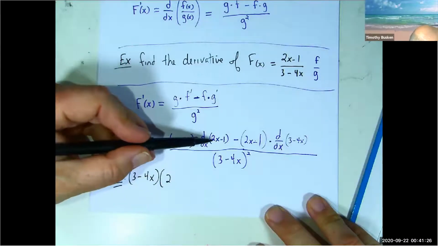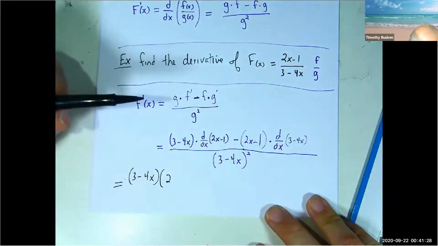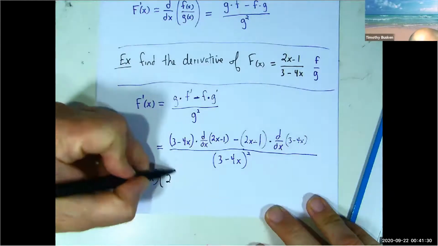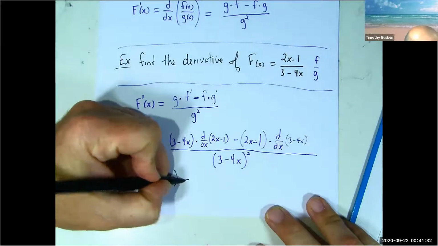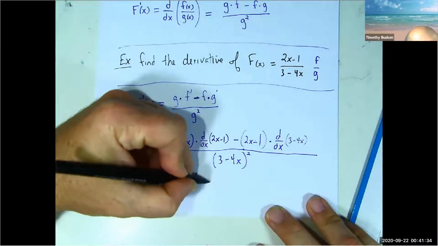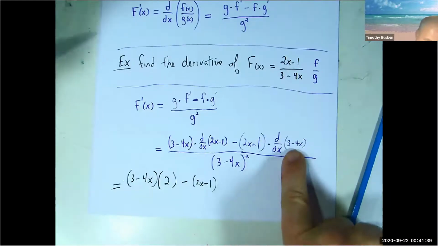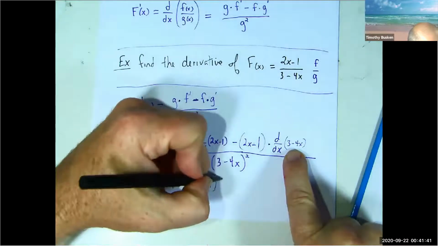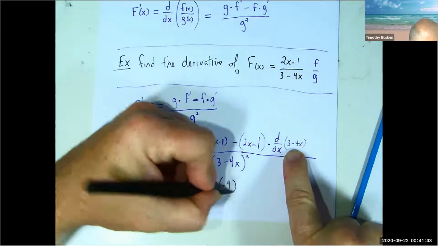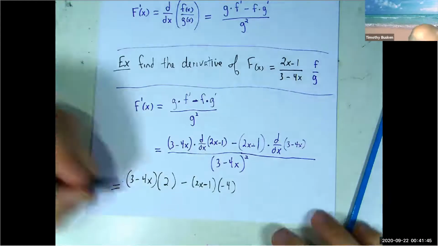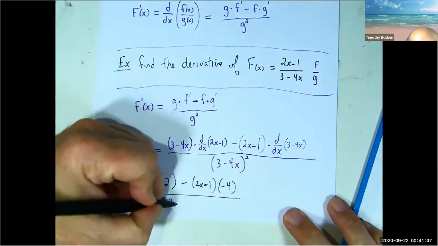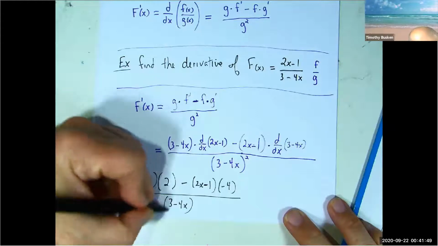Well, it's 2. And then minus 2x minus 1 times the derivative of 3 minus 4x, which is negative 4. And all of that is over 3 minus 4x quantity squared.